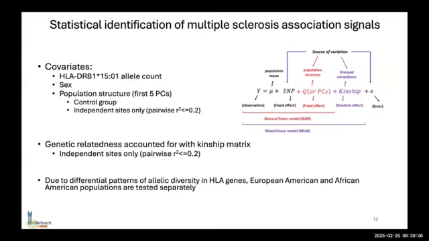We use only the independent sites of the MHC to account for population structure, and we also generate a kinship matrix to represent genetic relatedness, again based on just the independent sites in the region. Due to the known differential patterns of allelic diversity at the HLA and the MHC, we test the European American and African American populations separately.